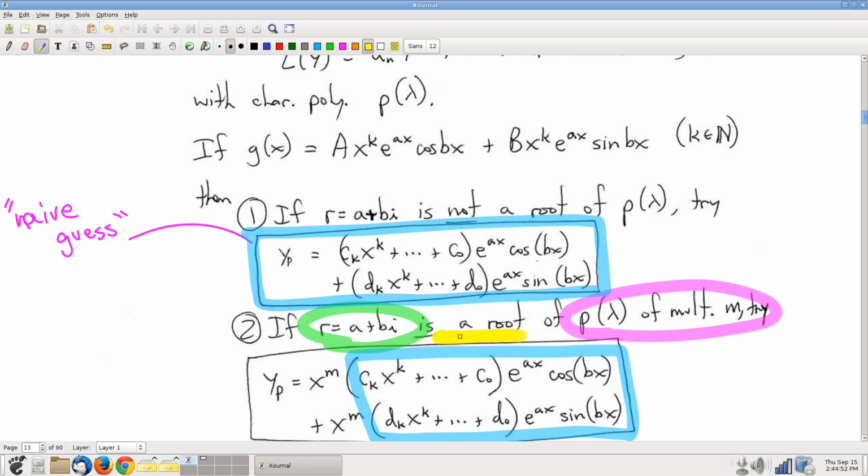Specifically, if it is a root and the multiplicity is m, just multiply your naive guess by x to the m.